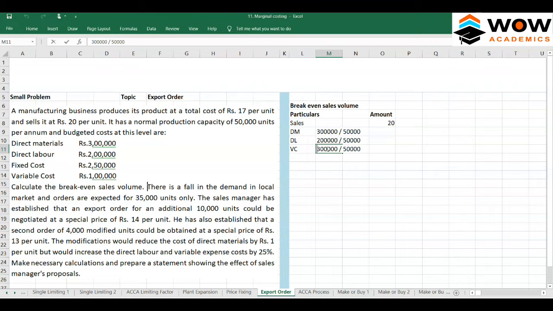And variable cost is 1 lakh. So we can get these numbers and try to solve them. So now we can get a contribution per unit.